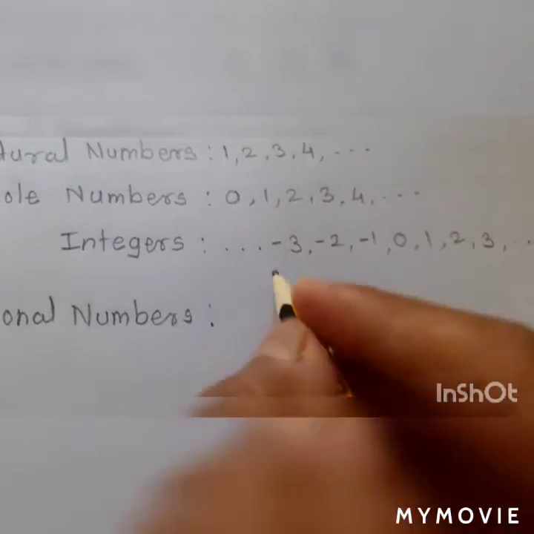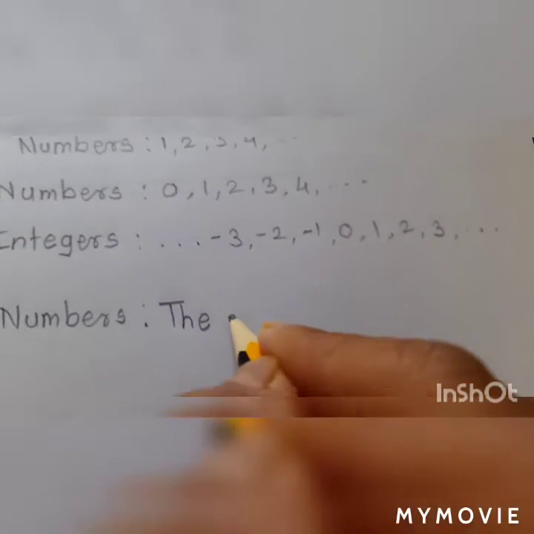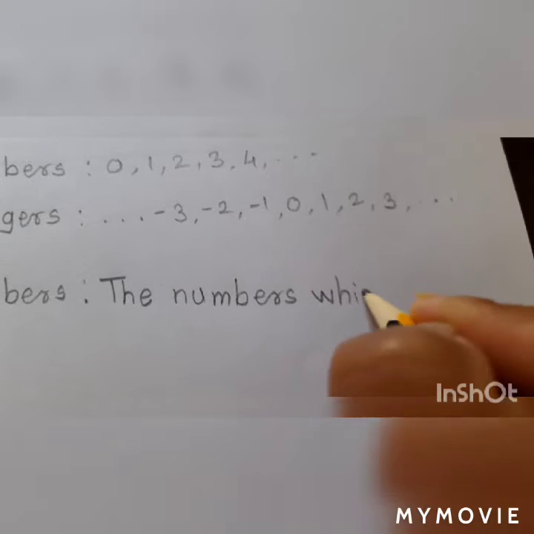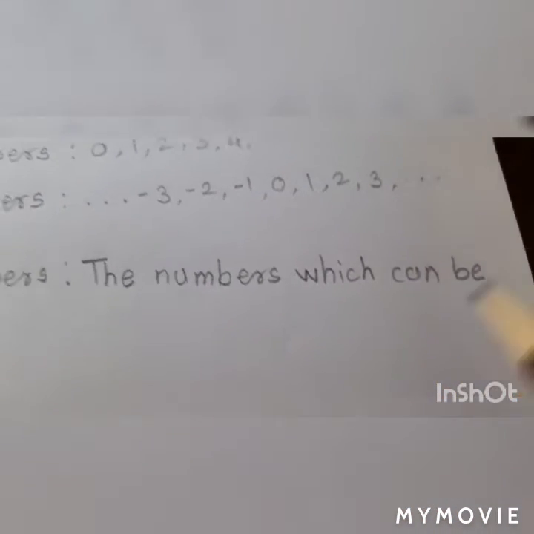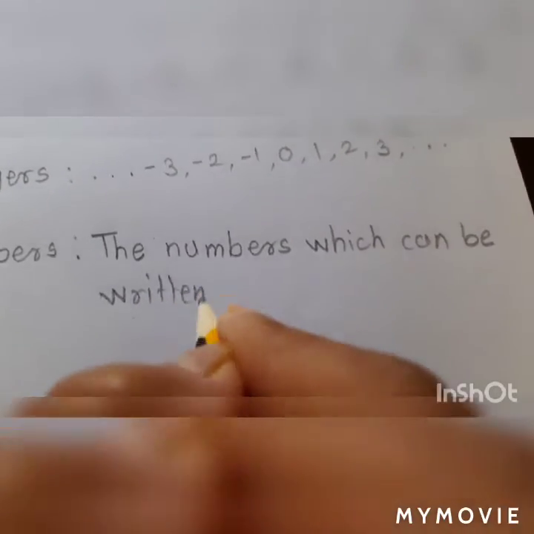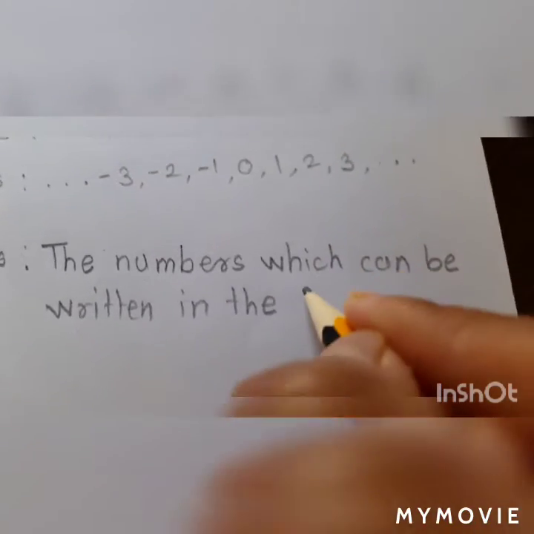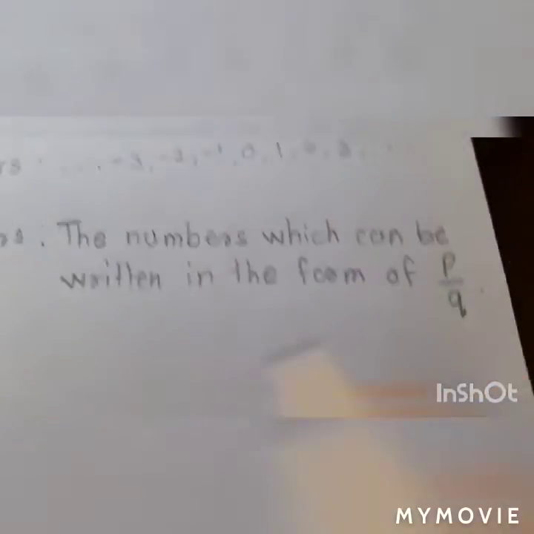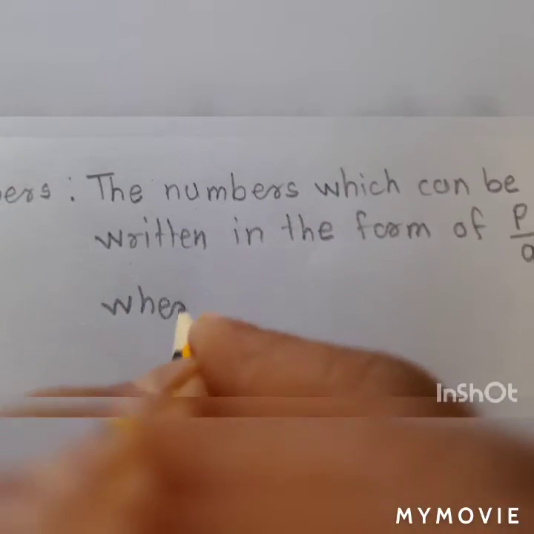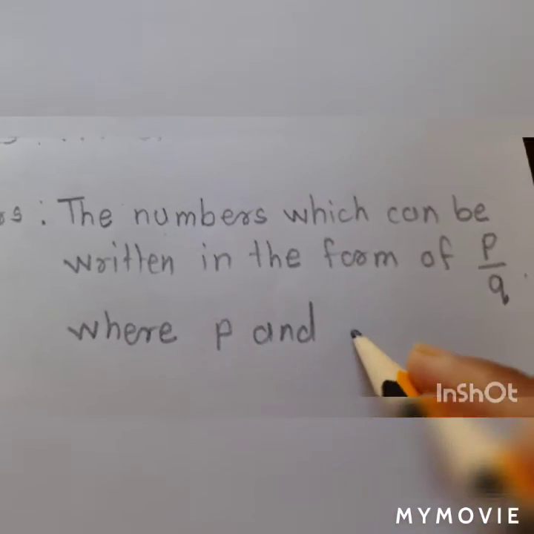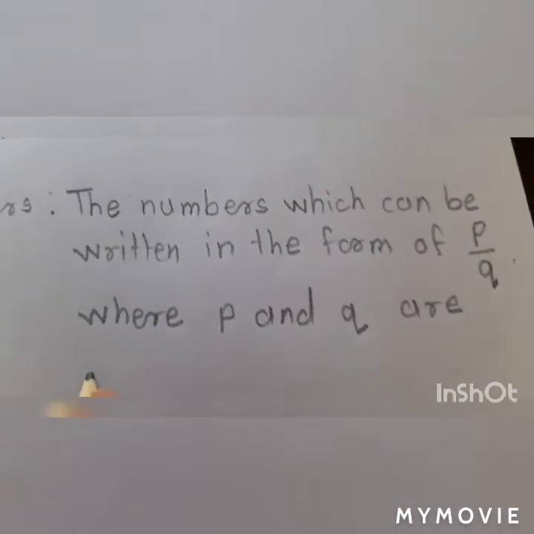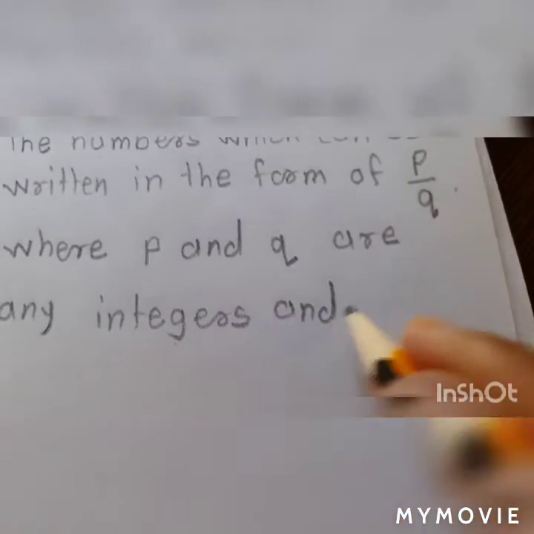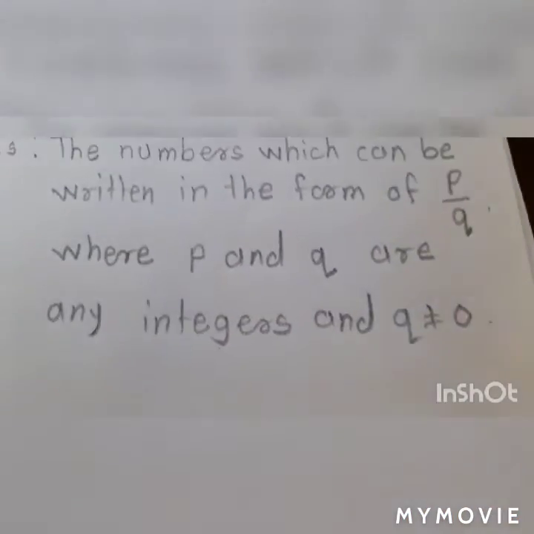Rational numbers are the numbers which can be written in the form of P upon Q, where P and Q are any integers, and Q is not equal to 0.